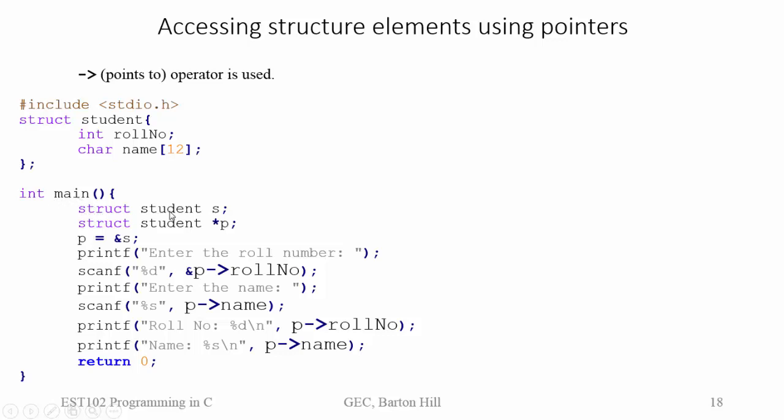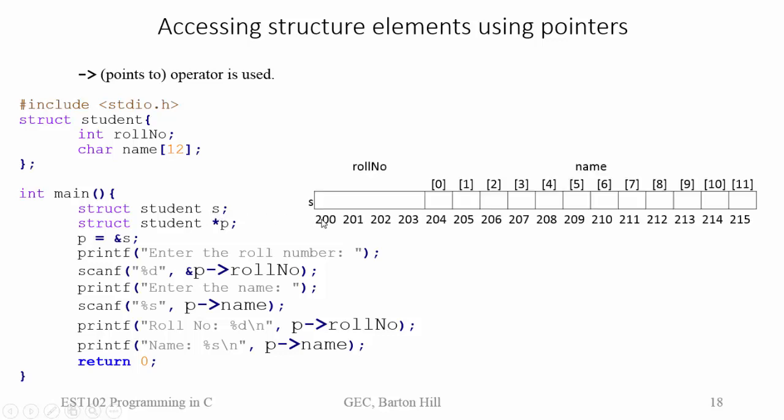When this statement is executed, memory will be allocated for the variable s. This structure variable s will have the roll number part and name part, and I am assuming that it starts from address 200. The roll number and name can be stored in continuous memory locations, or maybe in different memory locations.